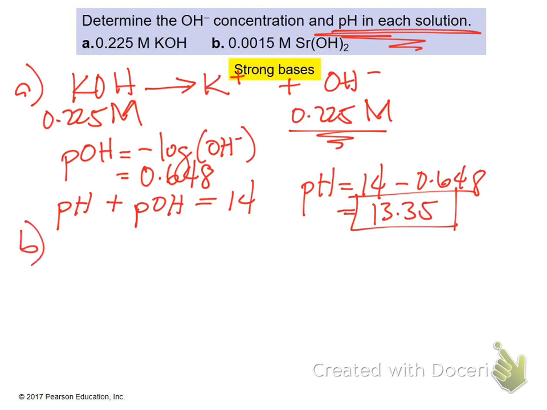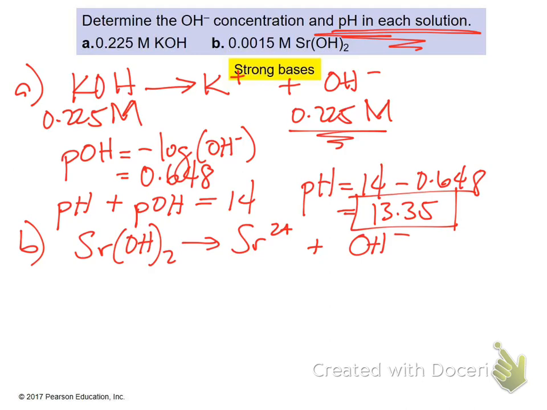Part B here is a little bit different, right? So if we look at the dissociation of the strontium hydroxide, it looks something like this. So you can see that this is not a balanced reaction, right?